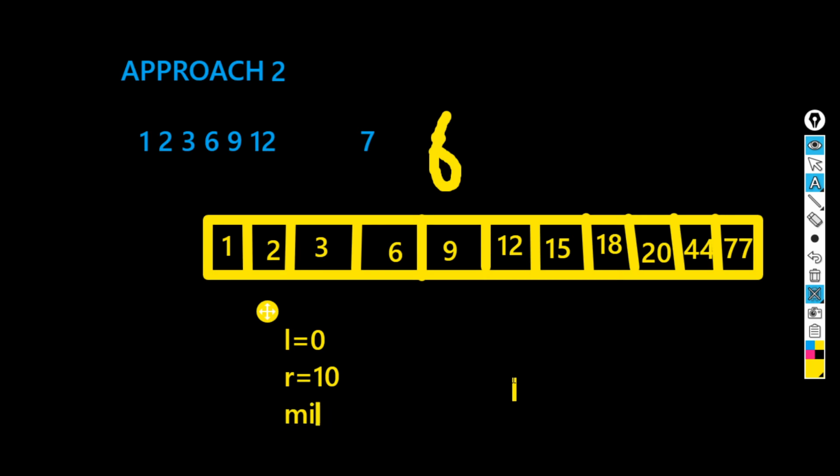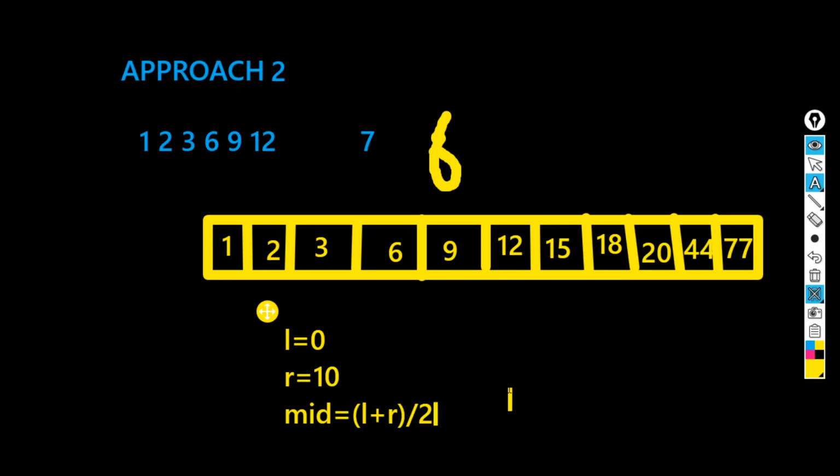What will be the mid? There are mainly two formulas for calculating the mid. The first one is (L plus R) divided by 2, which we are going to use. There is one more formula to calculate the mid, which we do not require to use in this search.